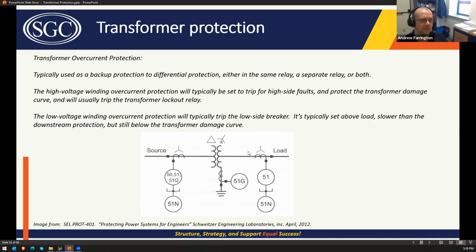And so it doesn't make sense to set a phase instantaneous element that high. That's where you want to use that 125% of a low side fault number potentially, because you can get better protection. If you set it to 10 times, and the system's not capable of supplying that amount of fault current, you might as well just turn off your phase instantaneous element. Sometimes you may need to do that.